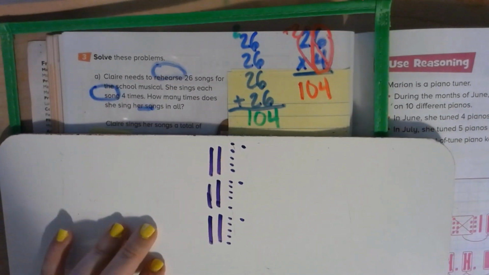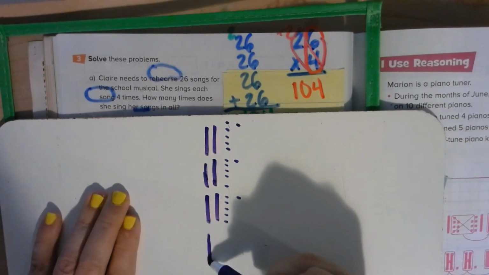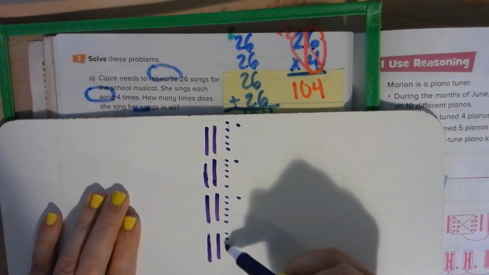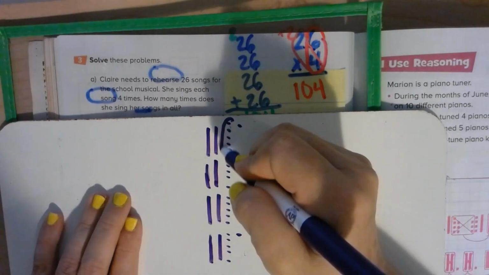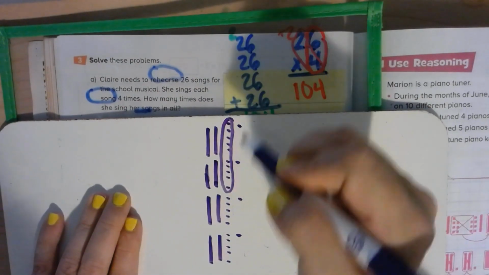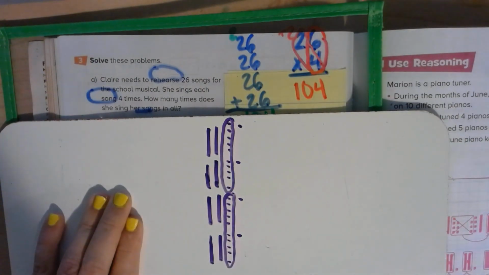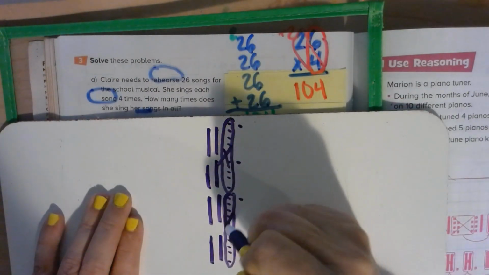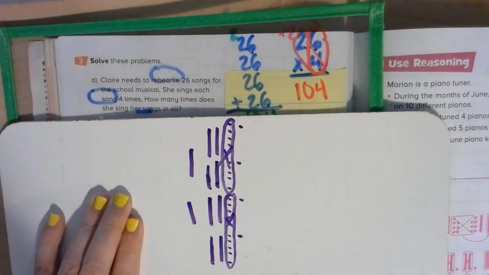Do I have enough space? Can you see? Then we're going to take 5 and 5, 5 and 5. Put an X on it because we don't want it. We're going to move it over to the other side.